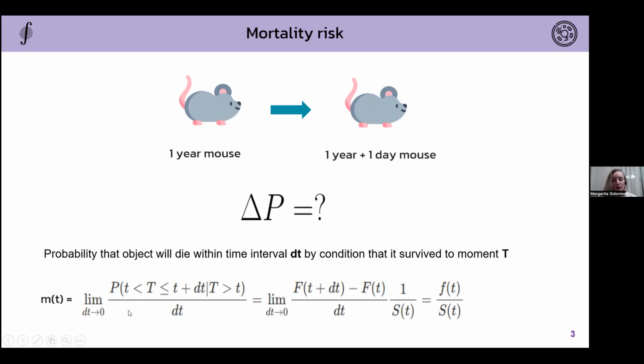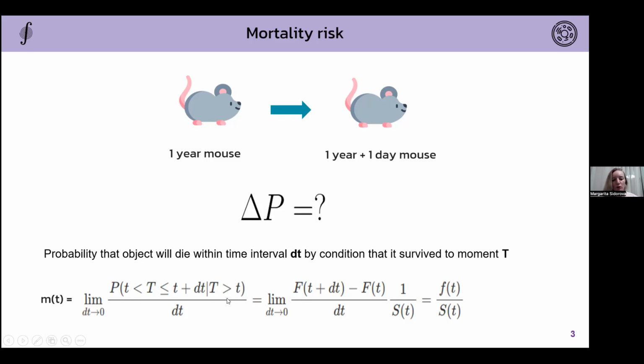For that, you can see this formula, which is in fact the conditional probability formula. It is the probability that time of death t will be within the interval, given that time t is more than some time.